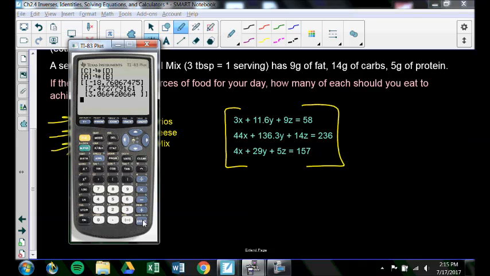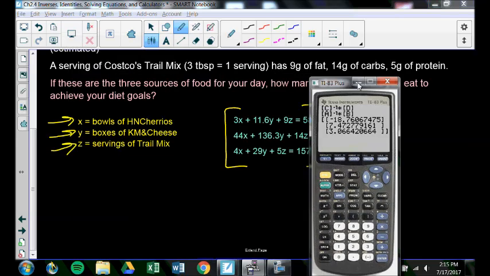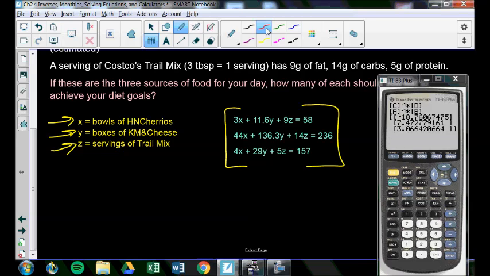If I am trying to meet my dietary needs based on these three things, bowls of Planet Cheerios, boxes of Kraft mac and cheese, and servings of trail mix, I can't. I have to eat negative Planet Cheerios to make up for all of the extra boxes of Kraft macaroni and cheese I want to make.